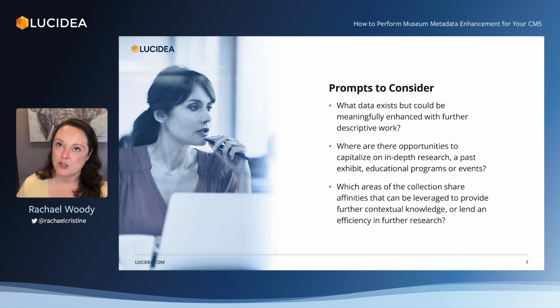Where can we make sure that we are taking full advantage of that type of knowledge and being able to capture and apply that in our museum collections management system? And in our vetting of that, where are there areas of those affinities where research could be furthered or inspired by having those connections captured?